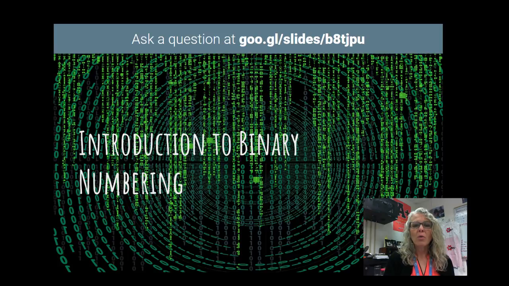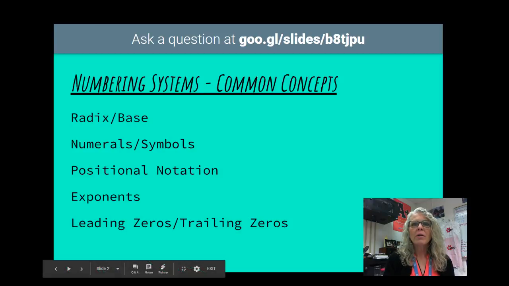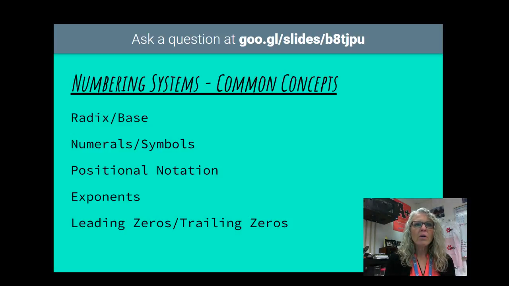All right, so introduction to binary. So you all know this, but we're going to revisit it, that there are a variety of numbering systems in existence, and they all share some common concepts. They all have some type of a radix or a base that the numbering system is based on.